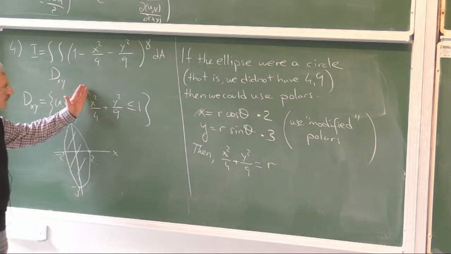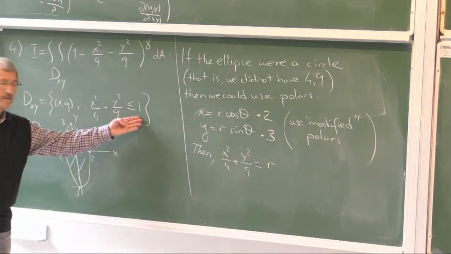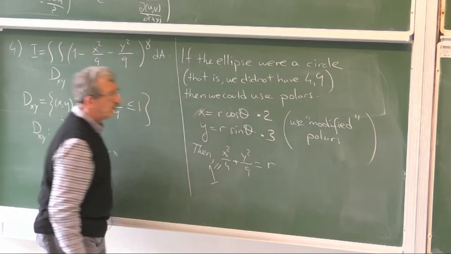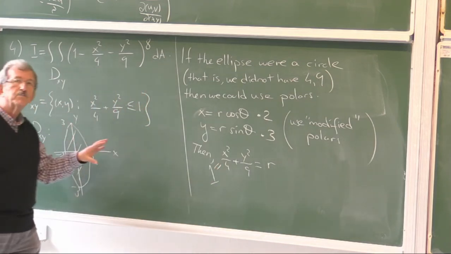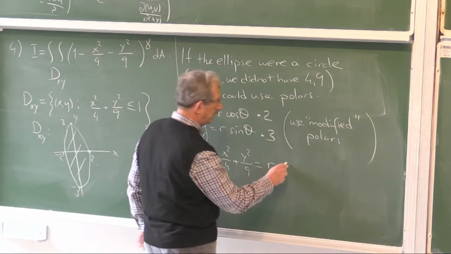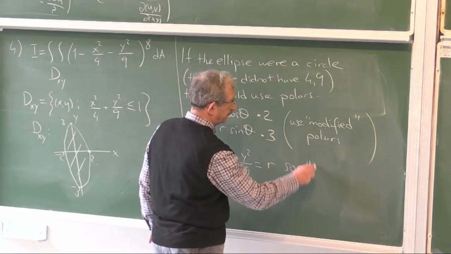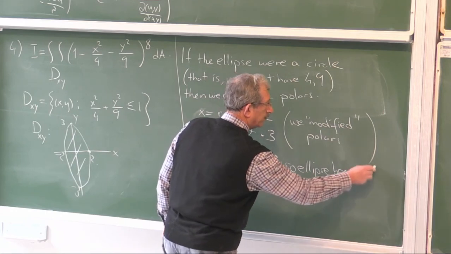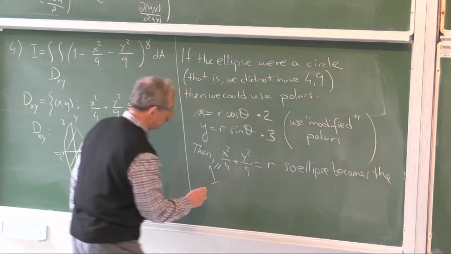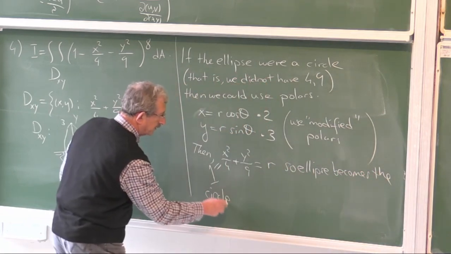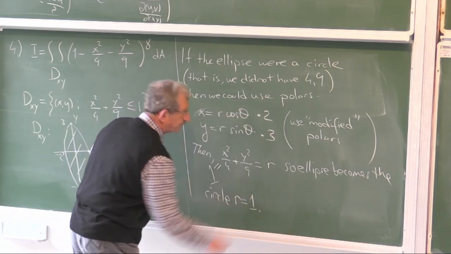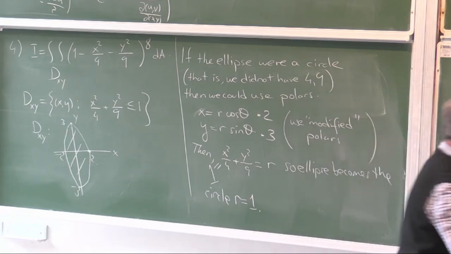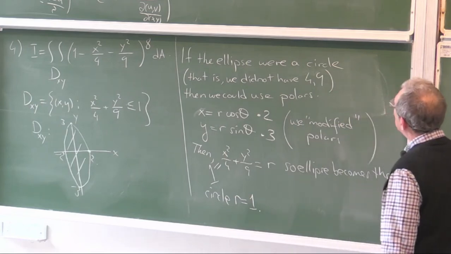And here the boundary is, this is equal to 1. So this ellipse becomes the circle r equal to 1. Now this is a big advantage, of course. It makes the calculation a lot easier.